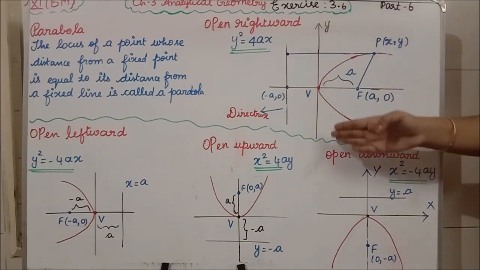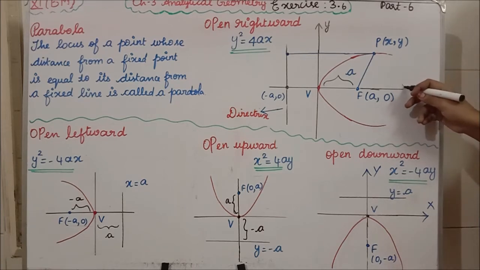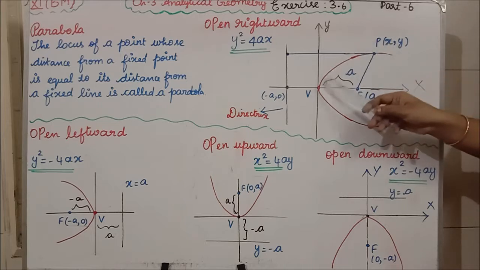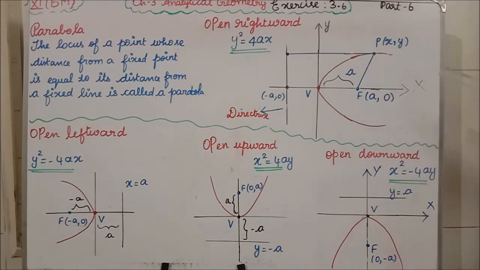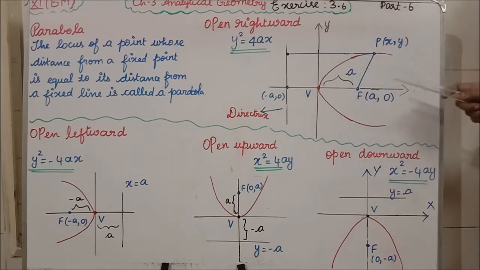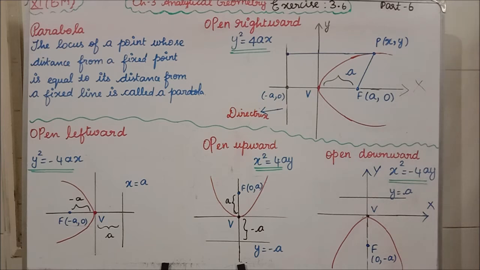This is the y-axis and this is the x-axis. Clear, students? Now the vertex is the point of intersection of the parabola with its axis. In this diagram the vertex is the origin 0, 0. Can you understand what is the vertex?